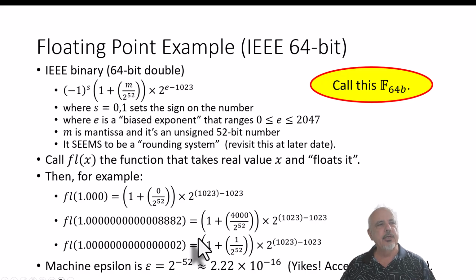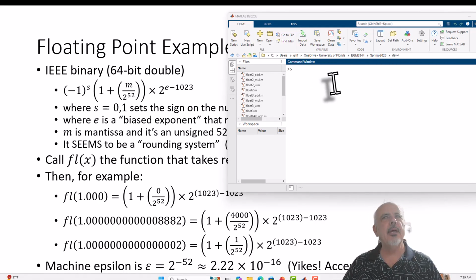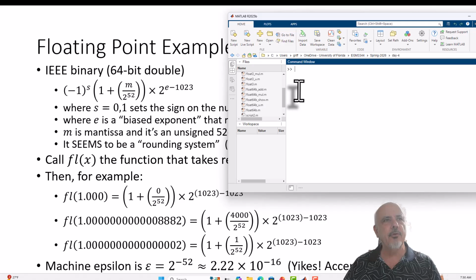That's an introduction to what the pieces are, and now I'm going to bust out my MATLAB. I'm going to have my float 64B at my disposal, and let me do a couple of examples with you here.